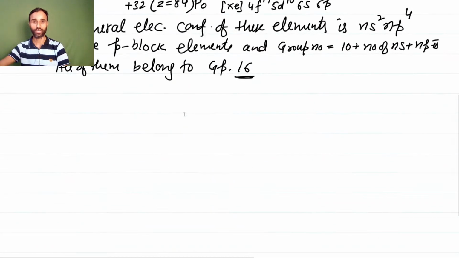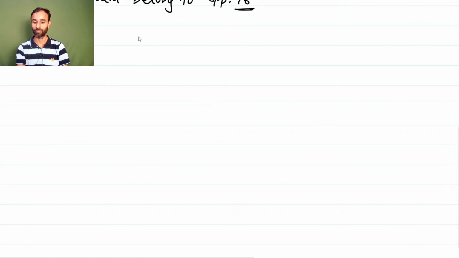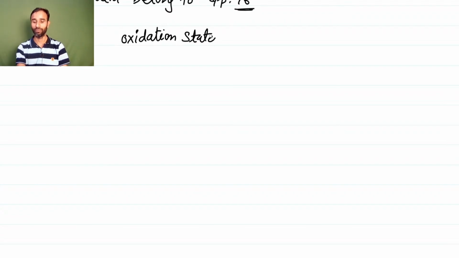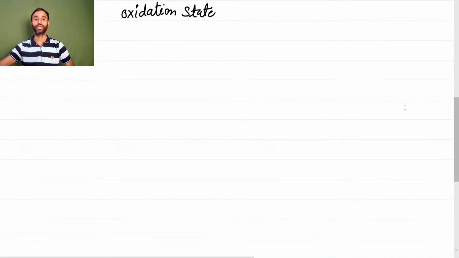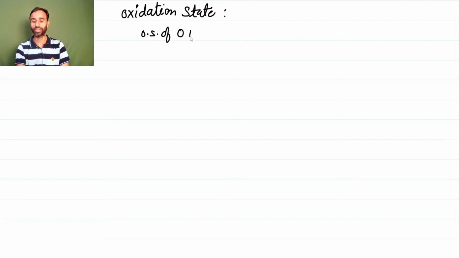Now second is oxidation state. So you know, the oxidation state of oxygen is -2, being most electronegative, its oxidation state is -2, sometimes -1 like in peroxide, or in rare cases only with fluorine it can show +1 and +2 oxidation state.